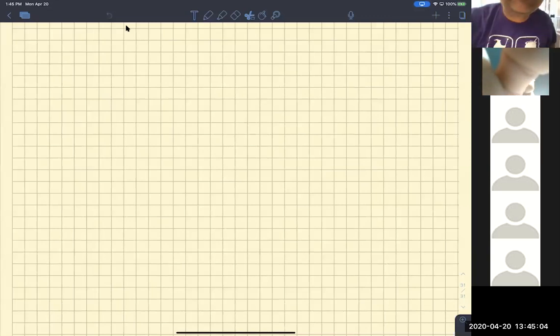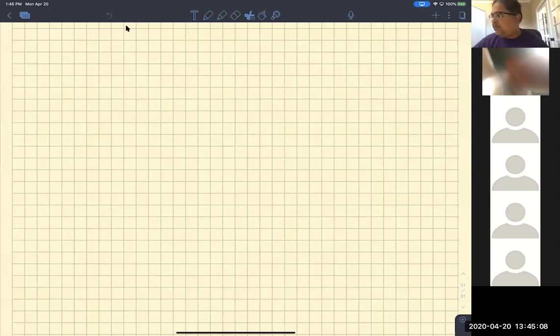So let's talk about something about the quadratic function, or parabolas in general. Let's take a pencil. If I throw it from one hand to the other, notice it makes an arc. When I throw that pencil up and catch it with my other hand, it makes this shape right here.